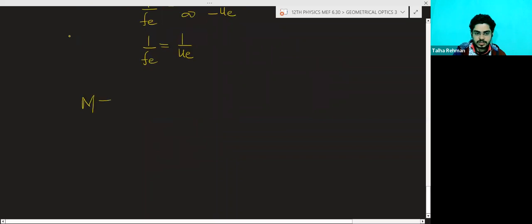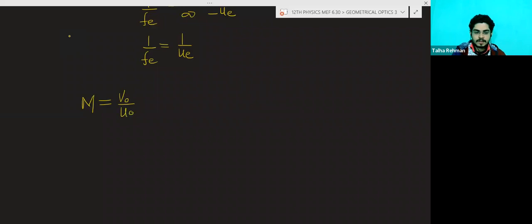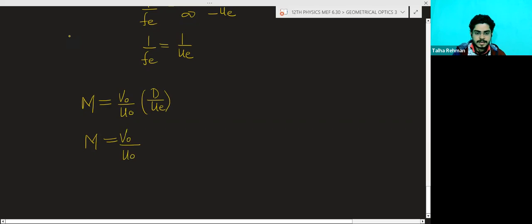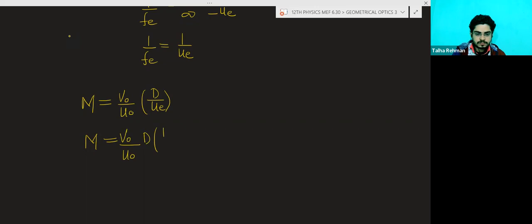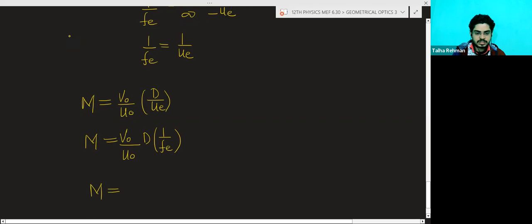Magnification for the compound microscope is v naught by u naught D by UE. So magnification M is equal to v naught by u naught times D, and 1 by UE can be written as 1 by FE also. So finally the magnification for the normal adjustment will be v naught by u naught times D by FE only.